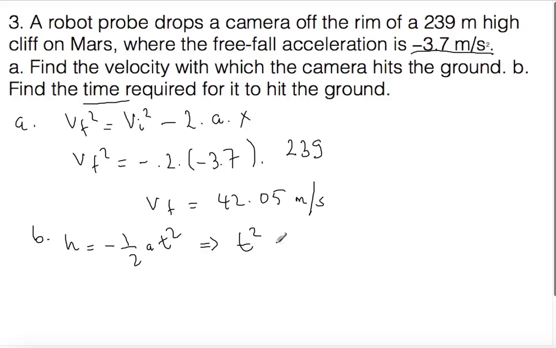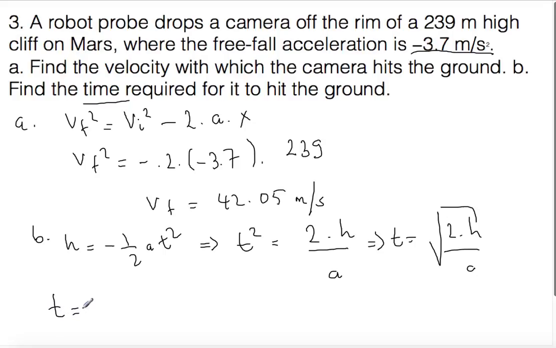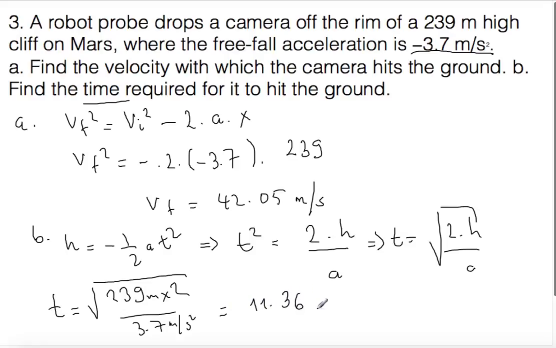Time squared equals 2 times height over acceleration. So time equals the square root of 2 times height over acceleration. We can continue. Time equals 239 meters times 2 over acceleration, 3.7 meters per second squared. So the answer is going to be 11.36 seconds.